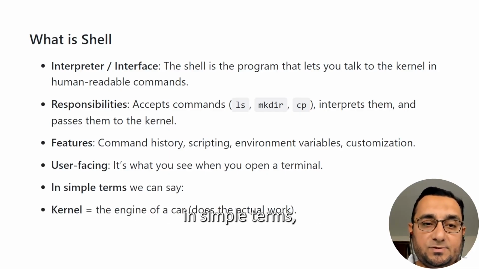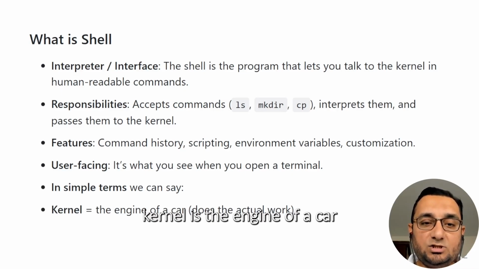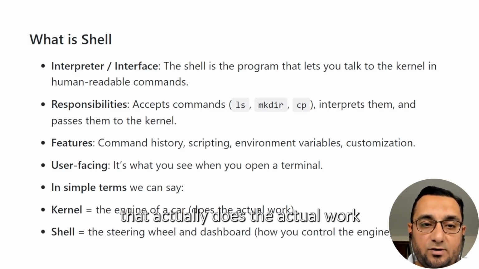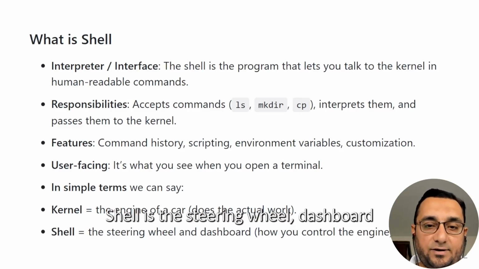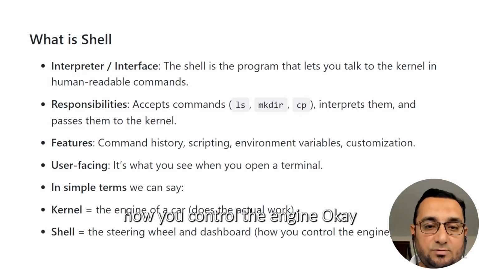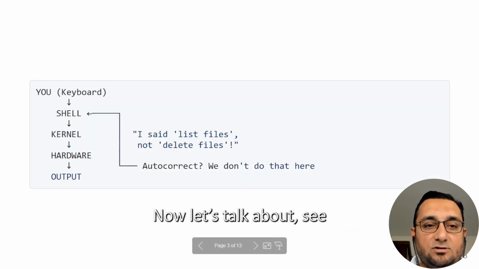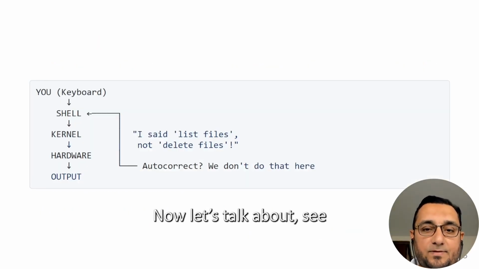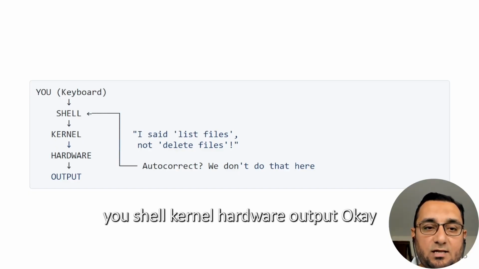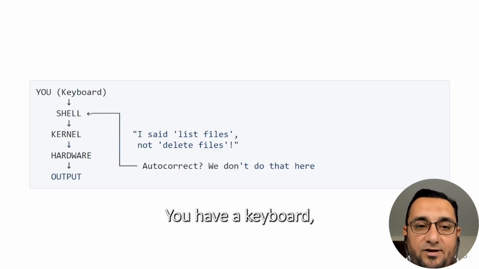In simple terms, we can say the kernel is the engine of a car that does the actual work. The shell is the steering wheel and dashboard, how you control the engine. Now let's look at a picture where you can better understand shell, kernel, hardware and output. You have a keyboard.